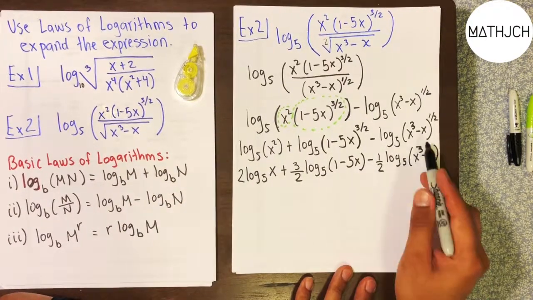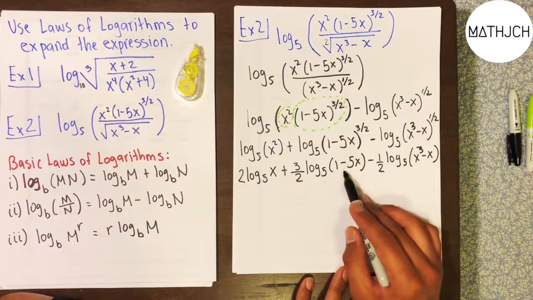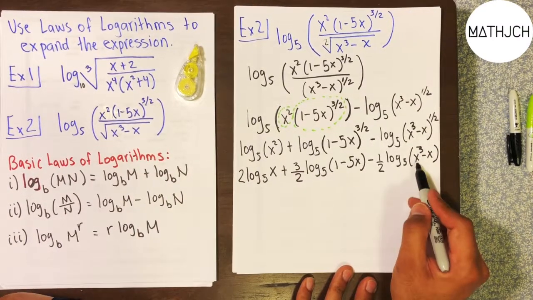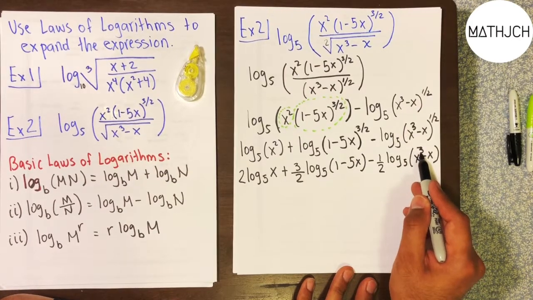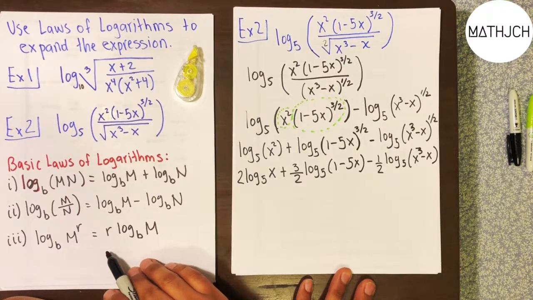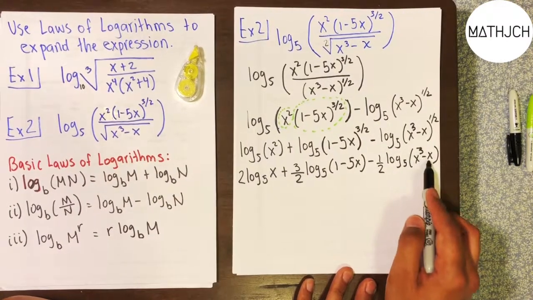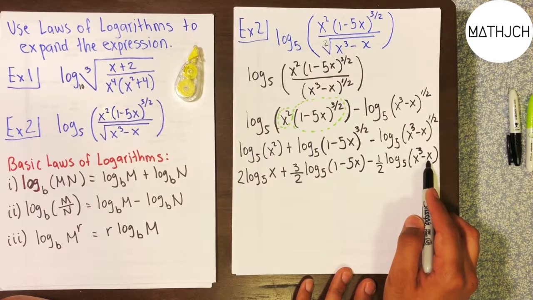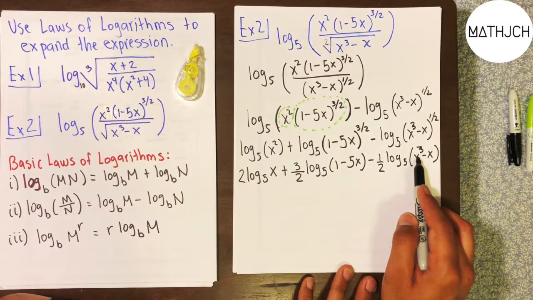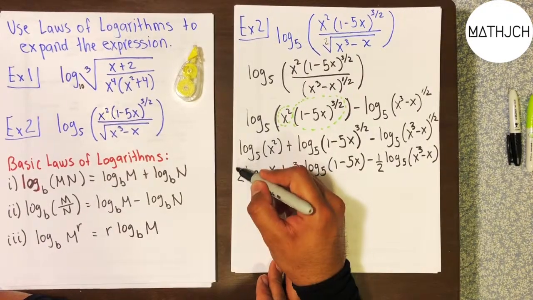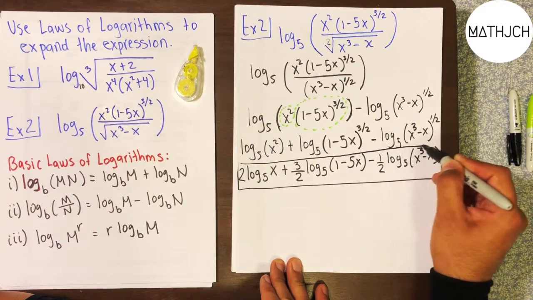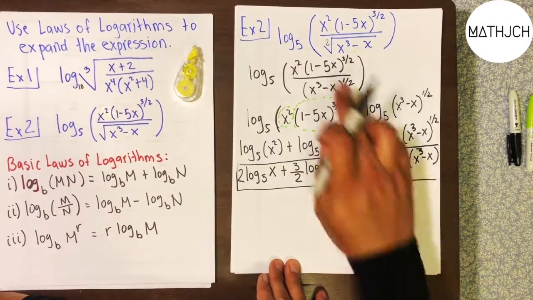And let's see here, the same thing as in the second log, we have something to the power 3 minus x. Notice this x has some power 3, right? But this does not apply to the rule because this x cubed is inside of the parentheses along with another different term, which is x, okay? It's not by itself, right? So there's nothing to do, so that will be our final expansion of a single logarithm.